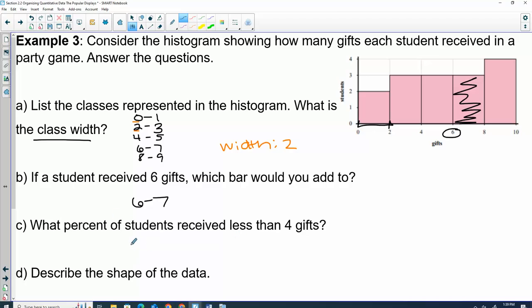Okay, what percent of students received less than 4 gifts? So how many, let's add up. There, 2, 3, and 4. So how many do we have all together?